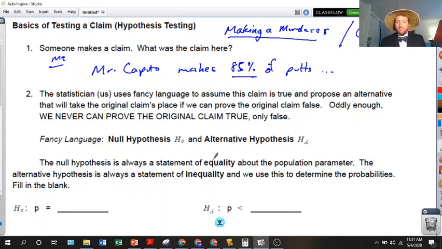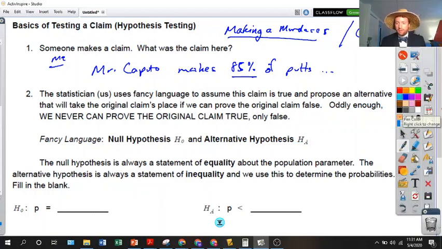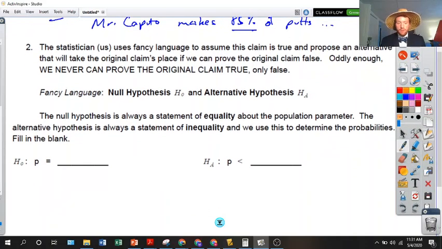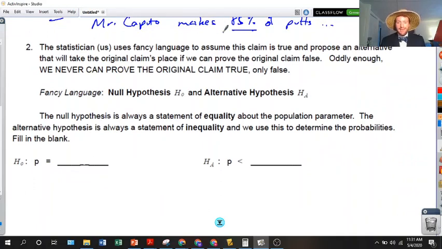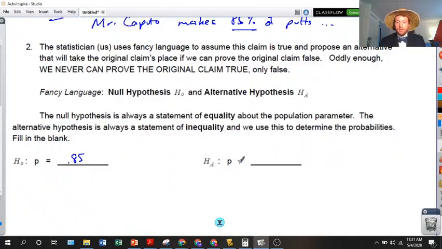The null hypothesis is always a statement of equality. That's important. That'll be on the homework. In this statement up here, that is equality: 0.85. Make sure I'm still recording. Good. For the alternate hypothesis, notice I put in the less than.